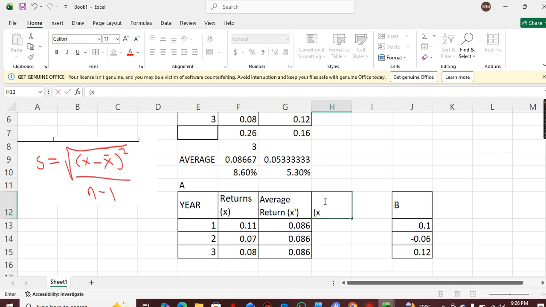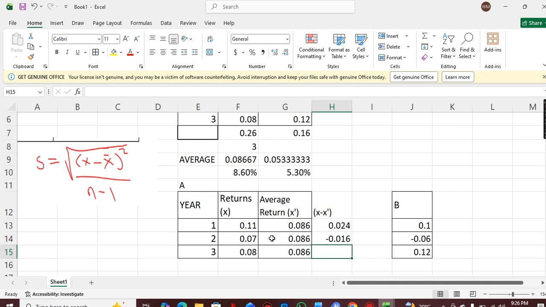So each return subtracted from its average. 0.11 minus 0.086, you get that. 0.07 minus 0.086, you get that. 0.08 minus 0.086, you get that. These are our deviations.